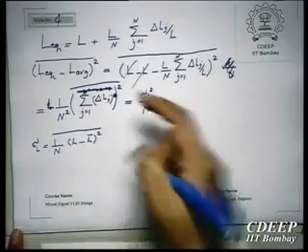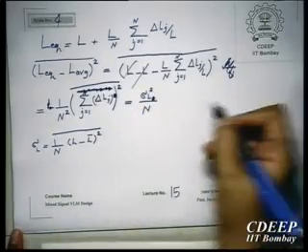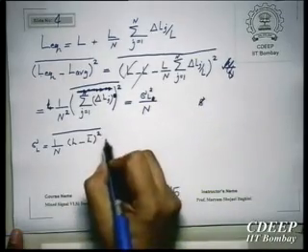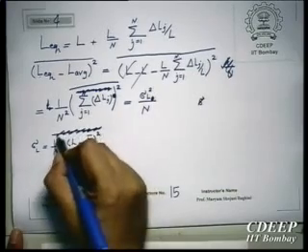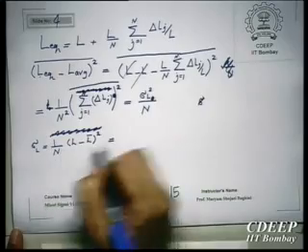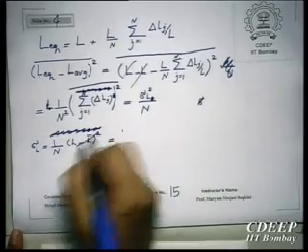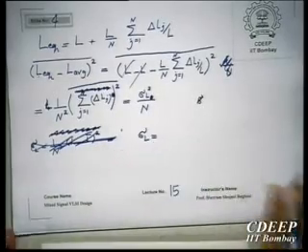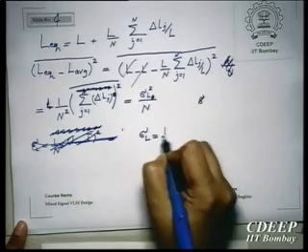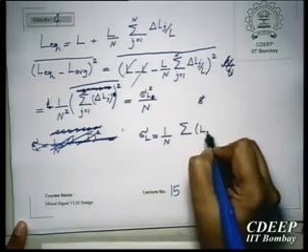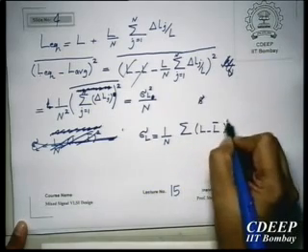What is sigma L? Sigma L is this, right? Okay, got it. So it is 1 upon n. So sigma L is equal to 1 upon n summation of L minus L star square.